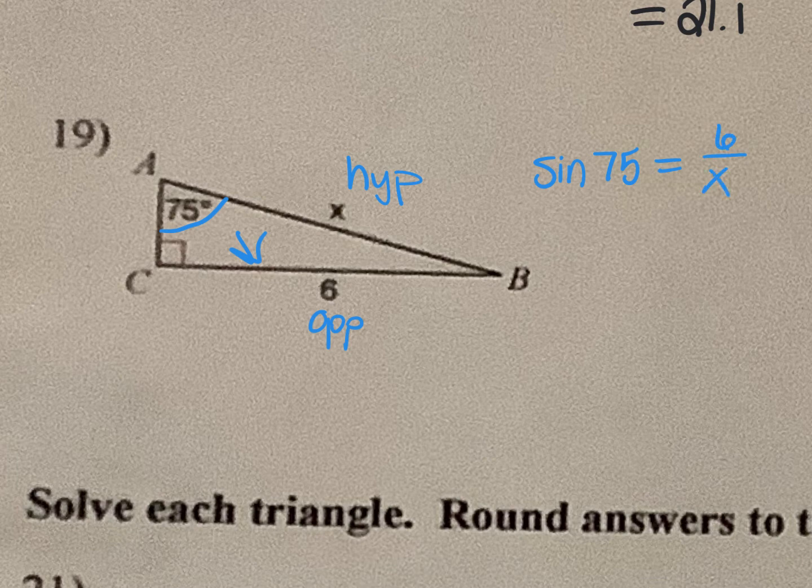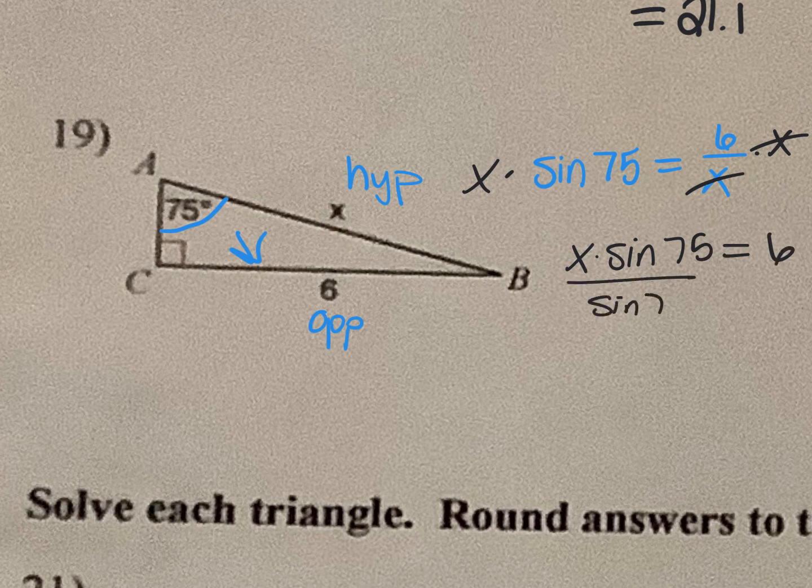So again, same process. So 6 divided by sine 75 is 6.2.